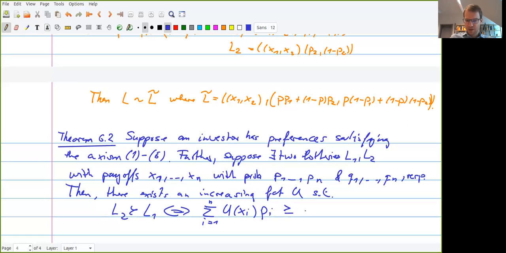And this should be greater or equal the corresponding notion with respect to the second lottery, now q.